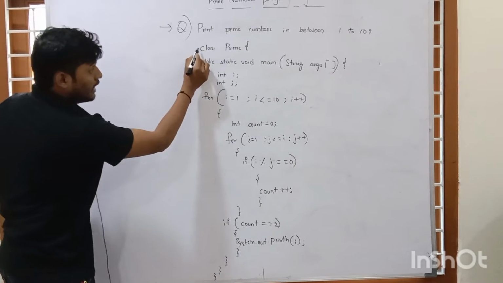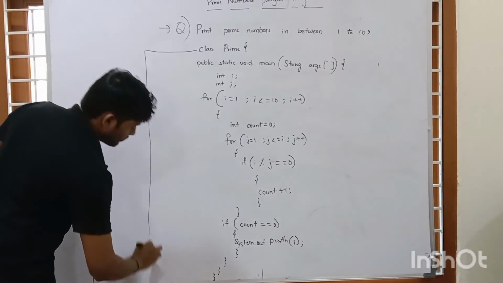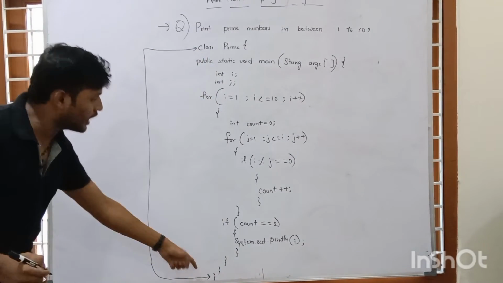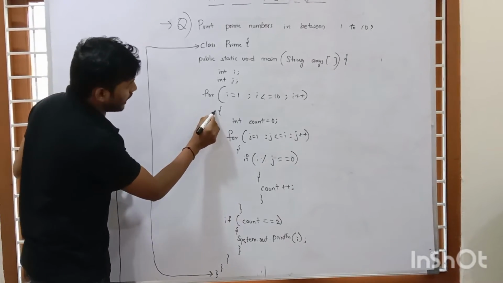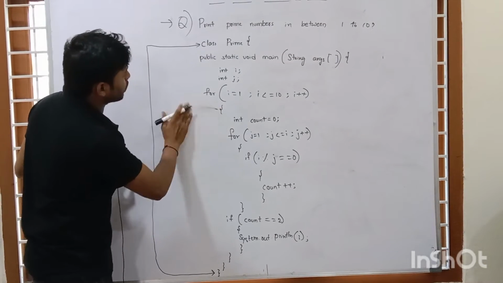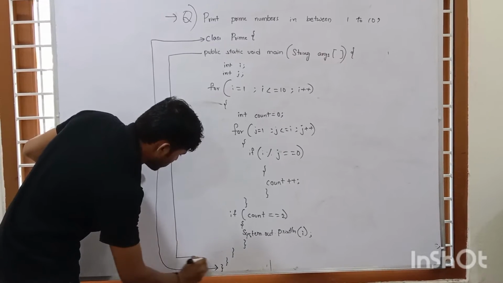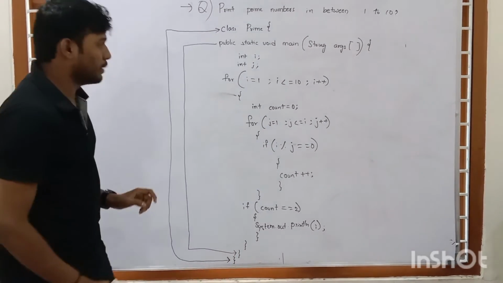Here I open the class. Here I started my program, here I ended my program. Here I started my method, here I close my method.